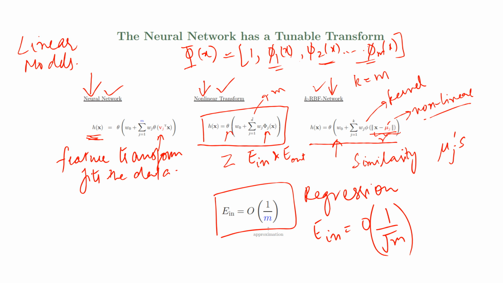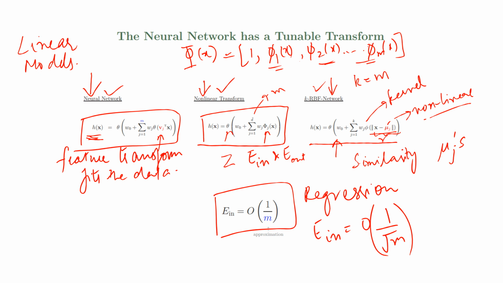This is telling us that if we increase the number of nodes, what is m? m is my number of nodes in my hidden layer. If I keep increasing the number of nodes in the hidden layer, I will exactly fit the data. This is what it's telling me, and this is what was coming out of this equation as well. It's a very powerful result because we can fine tune my features based on this.